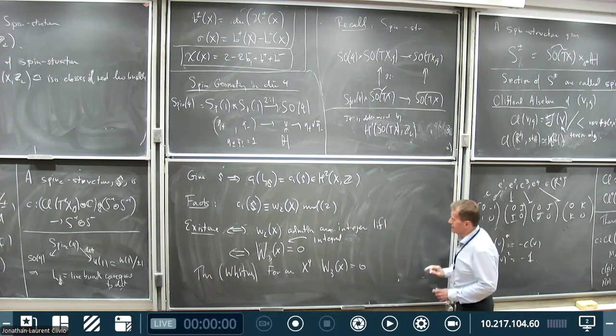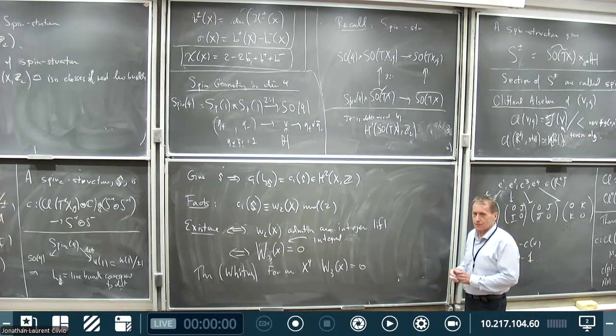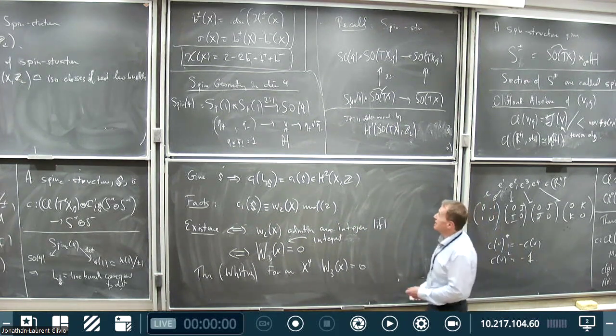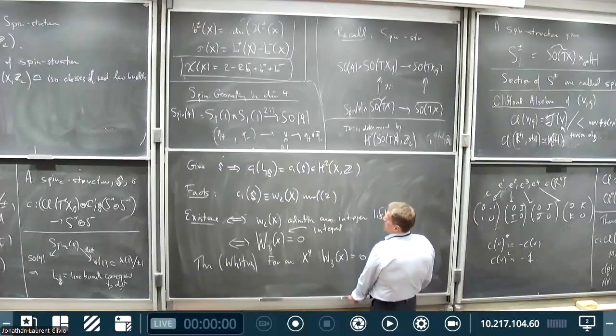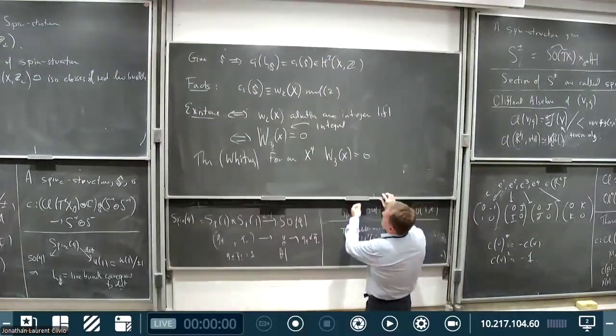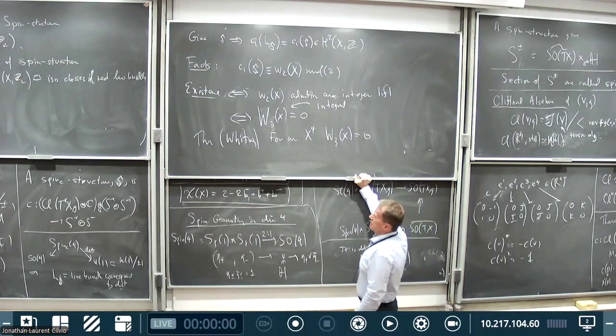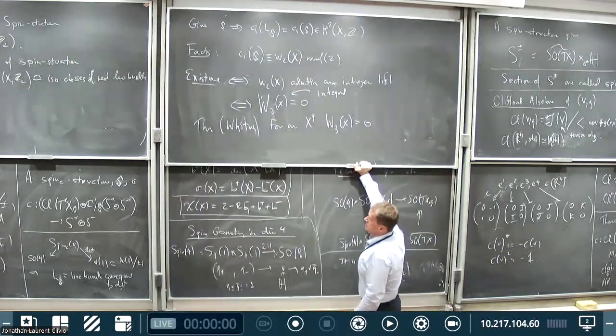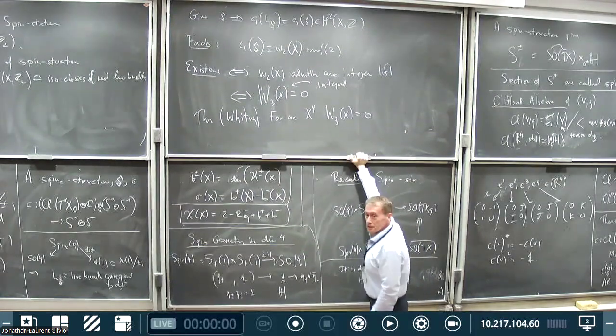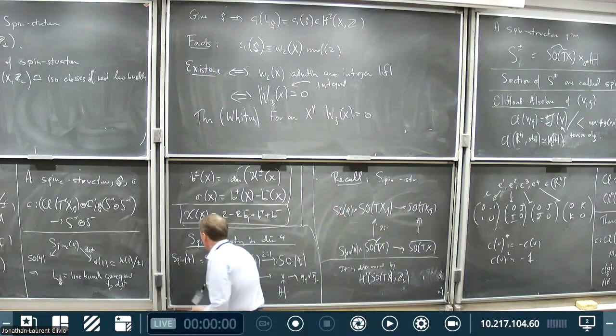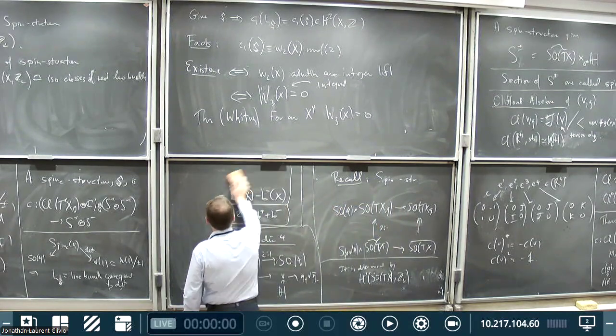I can't write SW class because SW is going to be Seiberg-Witten. But you notice in particular, if the manifold is simply connected, then certainly they have one.